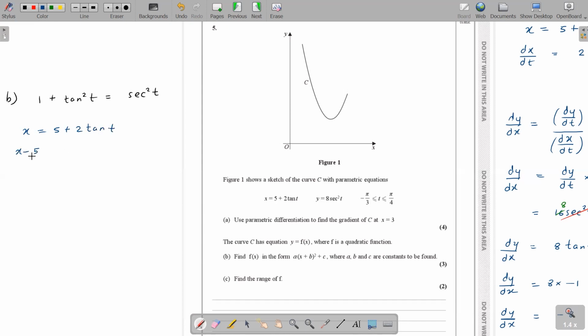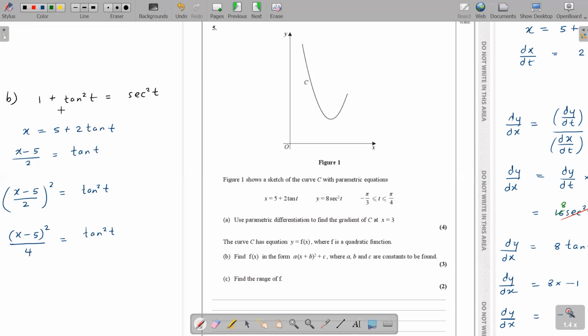(x minus 5) divided by 2 equals tan t. So what is tan square t then? (x minus 5) over 2, whole thing square, is equal to tan square t. Agreed? If I simplify it a little bit further, (x minus 5) square over 2 square, which is 4, equals tan square t.